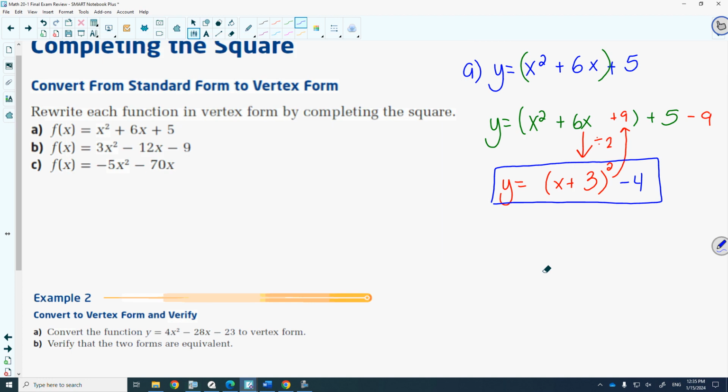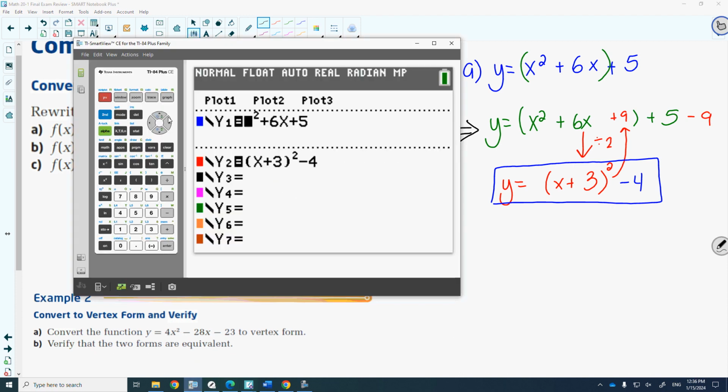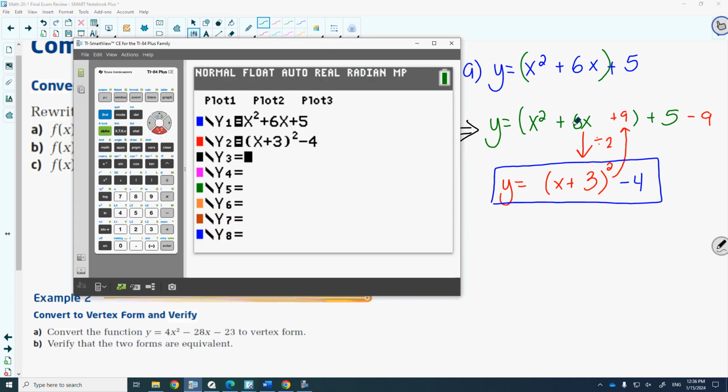Remember we talked about where did the student make a mistake? And they'll give you a whole bunch of lines and you're like, which line did the student make the mistake? And this might be like this line here. Well, did they make a mistake at this line? How you could check is I could punch that into y3, and if it's the exact same graph, then no mistake was made.